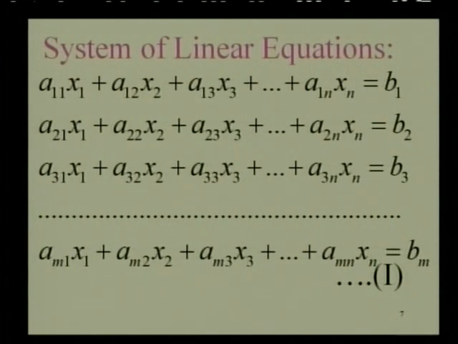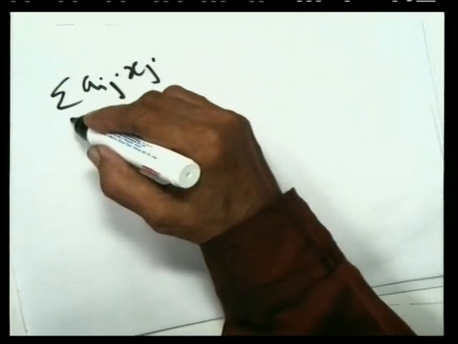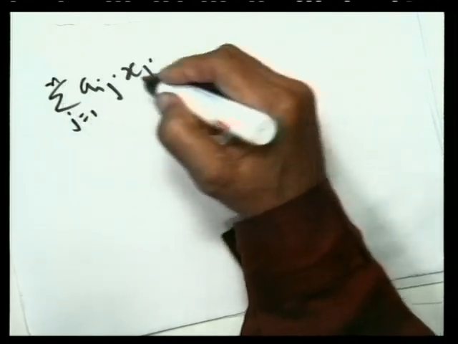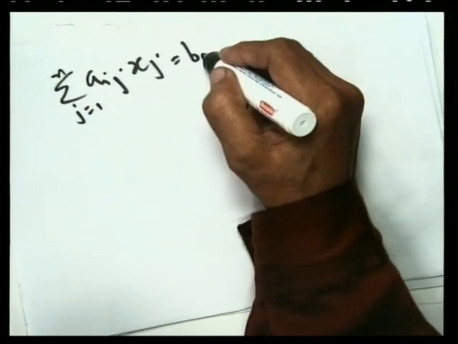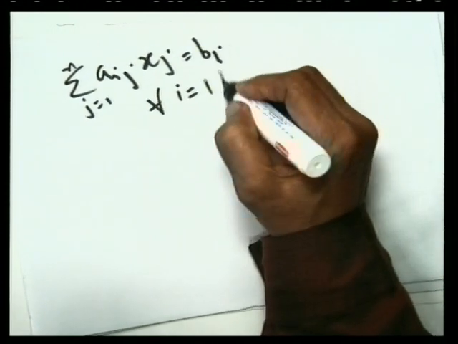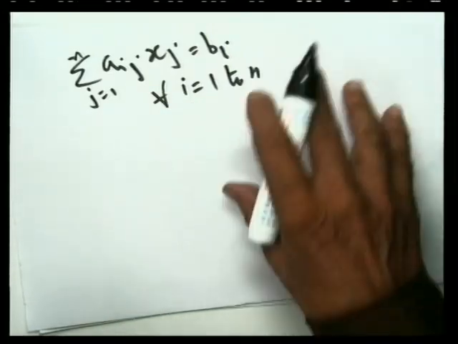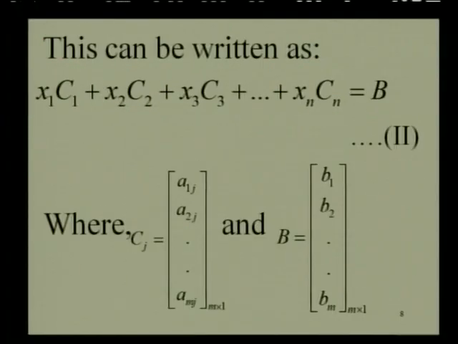There are m equations in n variables, and in short you can write this as the sum of a_ij x_j, j varies from 1 to n, equal to b_i. So what you see on the screen can be written in short this way.